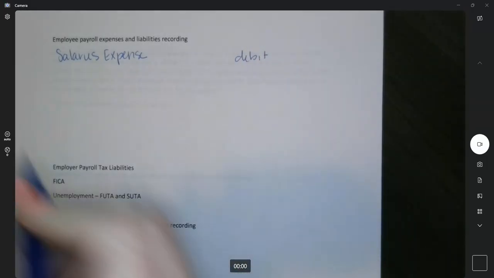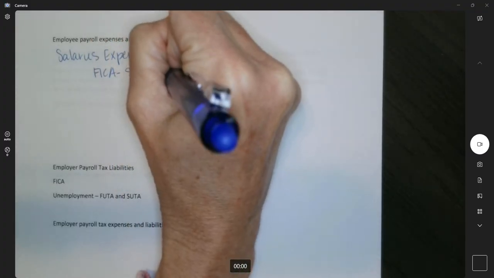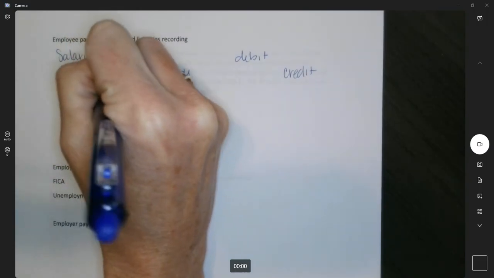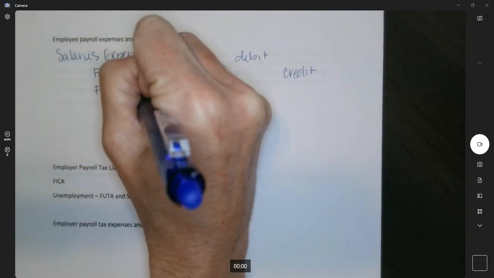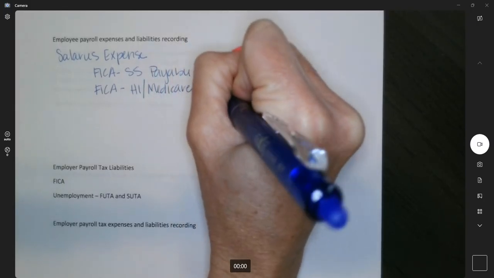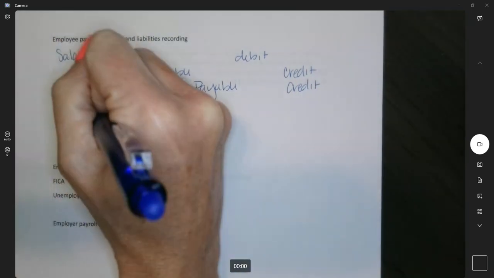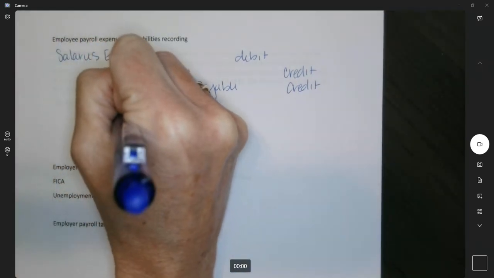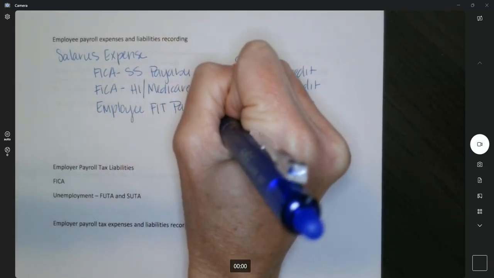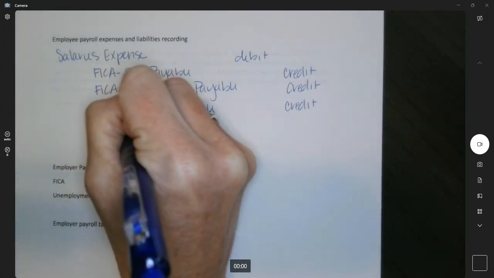Then we're going to have credits for FICA, one for Social Security, and one for Medicare. We are usually going to see one for employee federal income tax. And sometimes you might see employee state income tax or local.